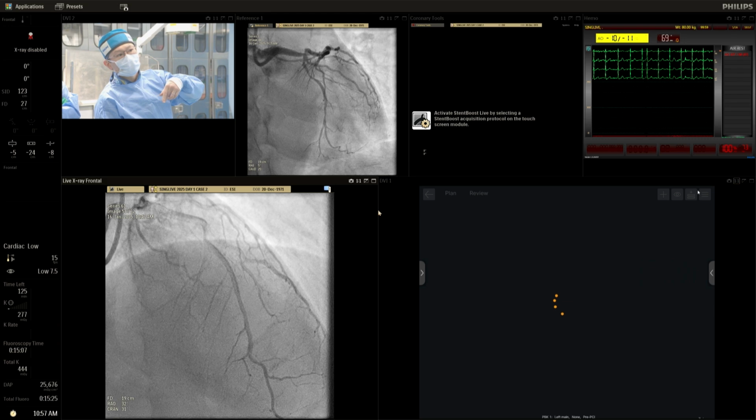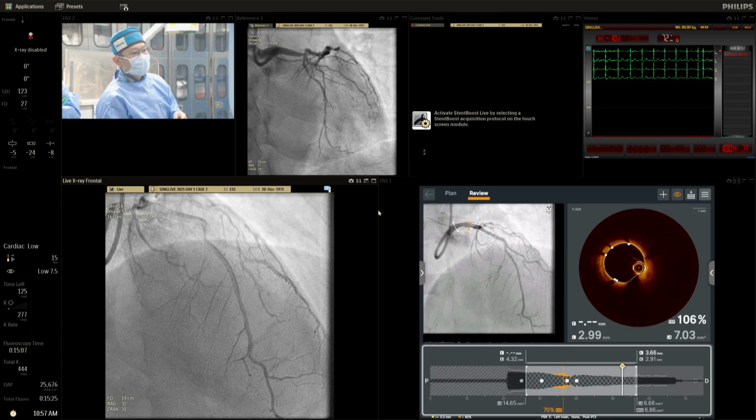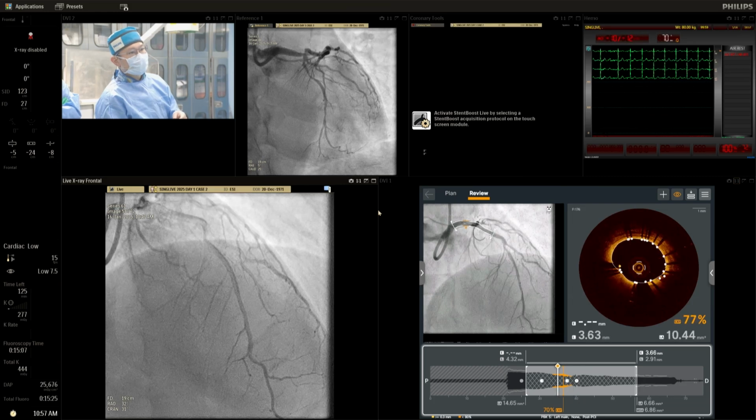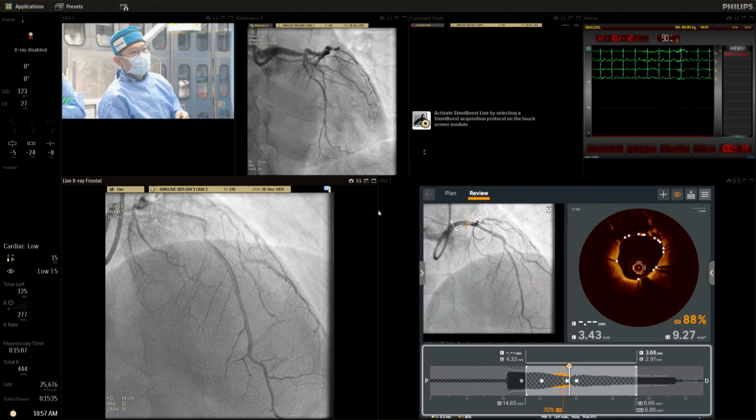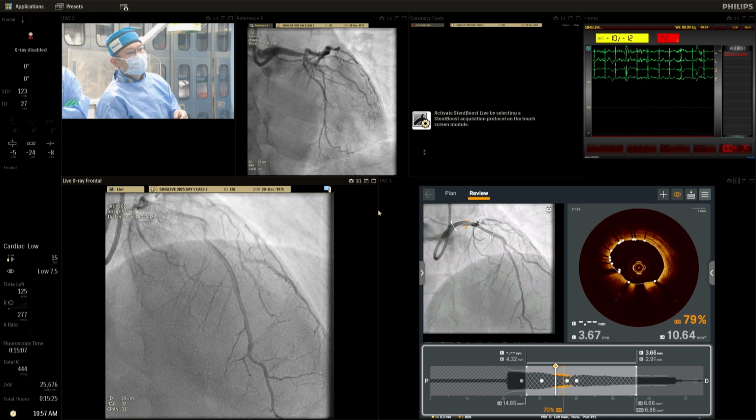And also because of the distal calcification, which hindered our expansion a bit. But nonetheless, if we look at the numbers here, it's still about 8 to 9 millimeters square. I think we accept that.